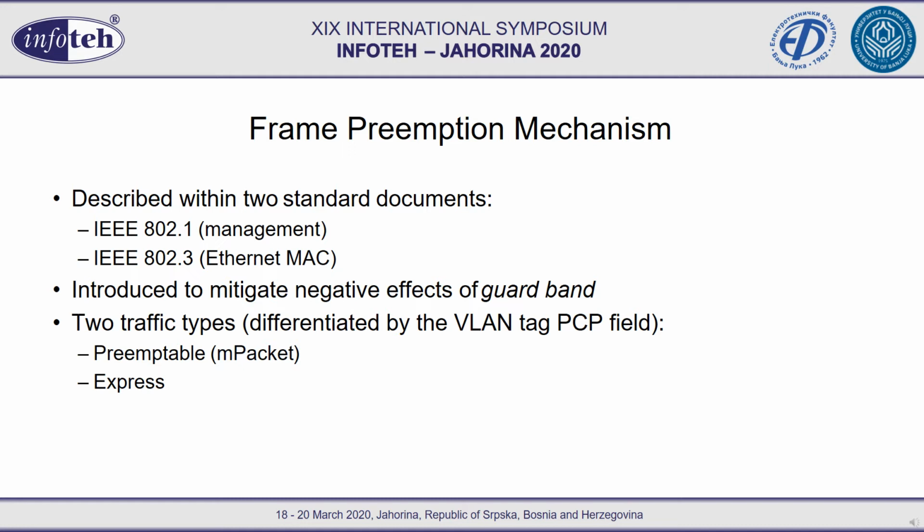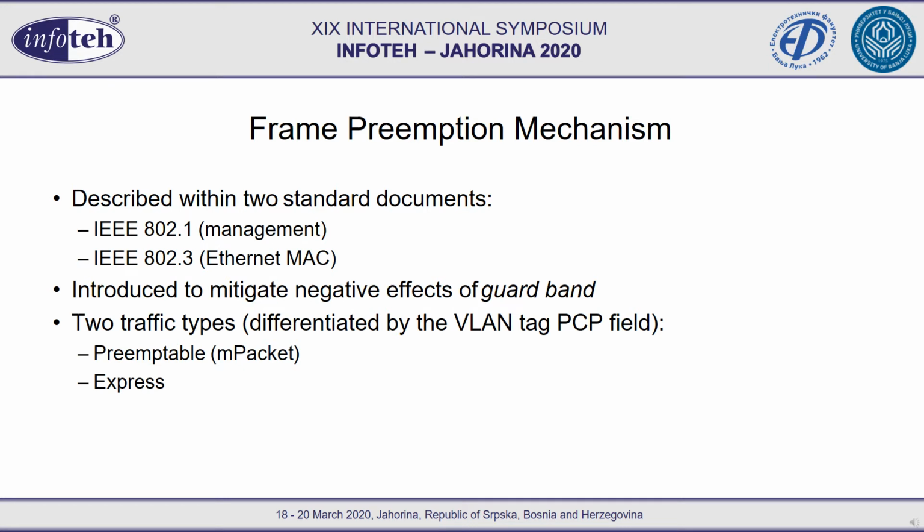I will talk about guard band on the next slide. And it actually defines two traffic types, which are differentiated by the VLAN tag PCP field or priority field. These two traffic types are called preemptable and are designated as special M packet, and express, which is normal Ethernet frame.